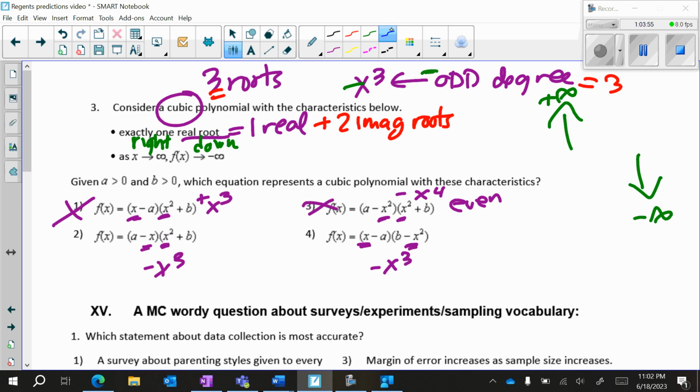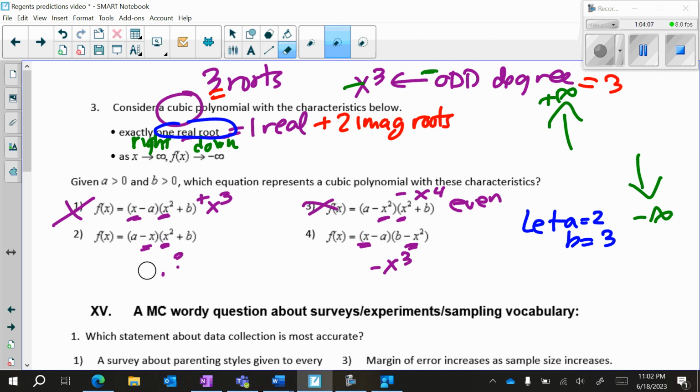Now go back to where it said there's only one real root, okay? If these had been numbers, let a equal 2, let b equal 3. Which one will give 1 real and 2 imaginary, right? So I'm going to erase this for a second. Let's put in our values that we just picked.